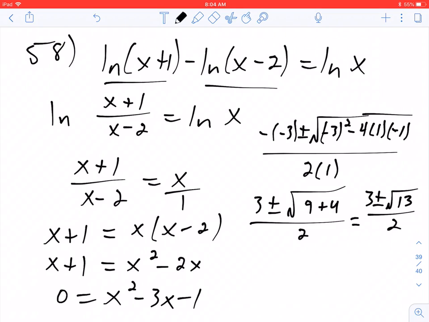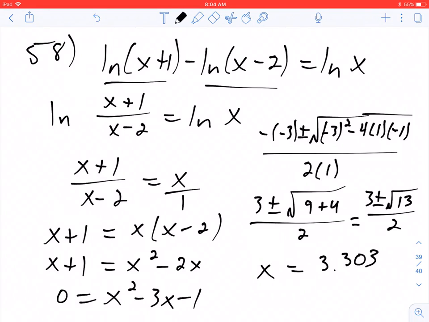And so when I type that into my calculator, 3 plus the square root of 13 divided by 2, bear with me for a second, you are going to get x equals 3.303.